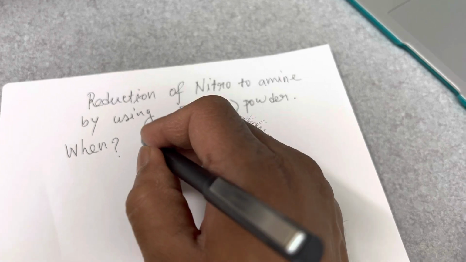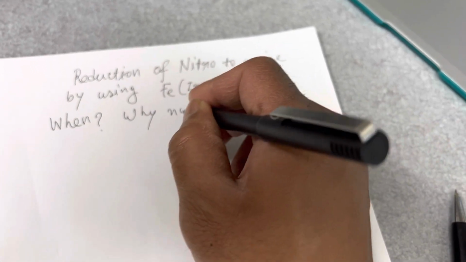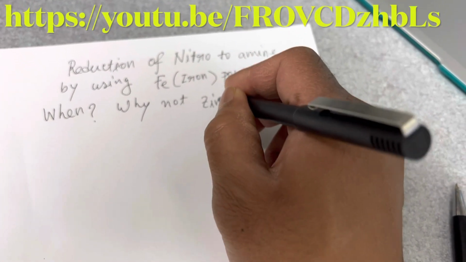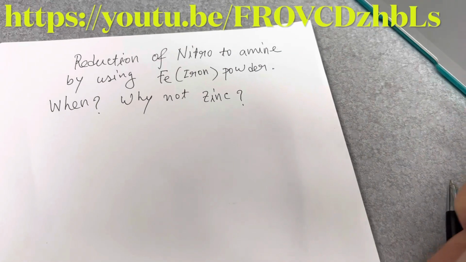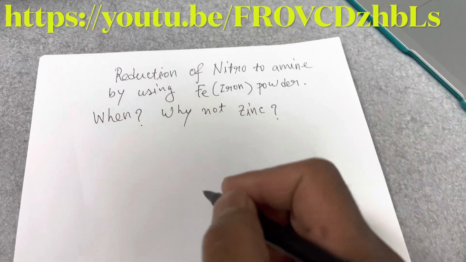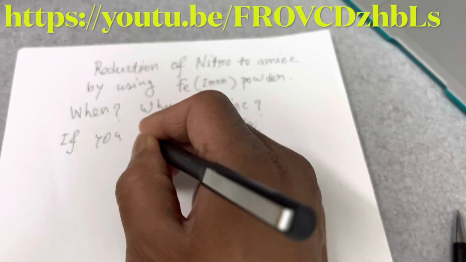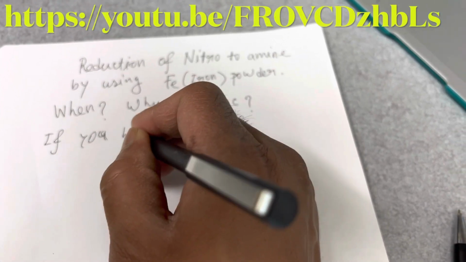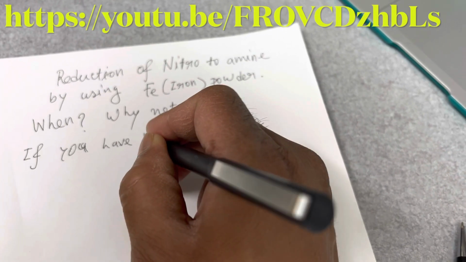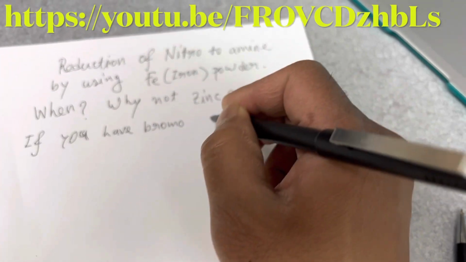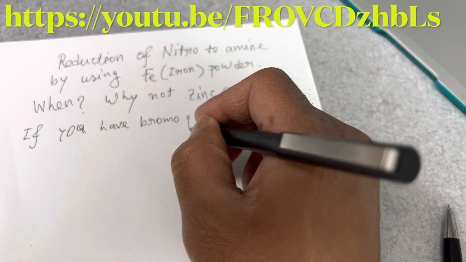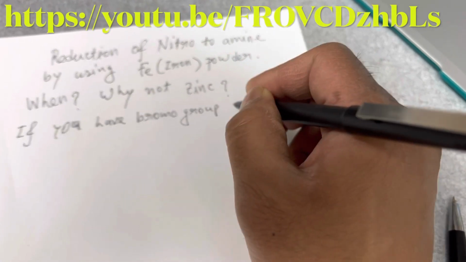If you have a bromo group or bromide in your compound, that would be problematic with the zinc. So here I am showing my previous video YouTube link. You may give a look at that video also to know about the activated zinc reduction of nitro group to amine.